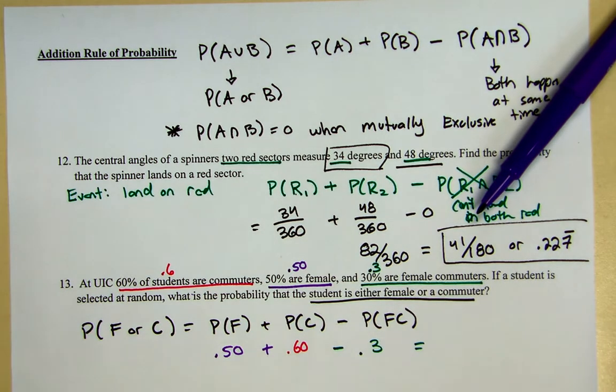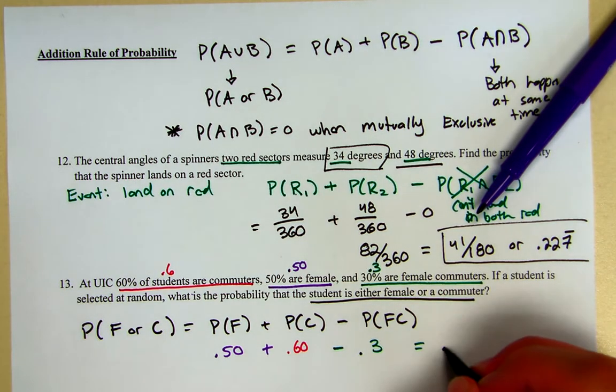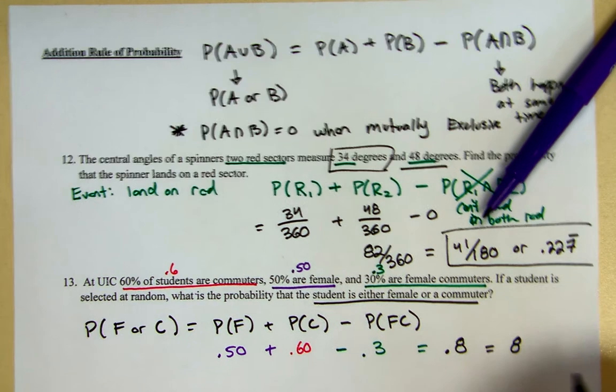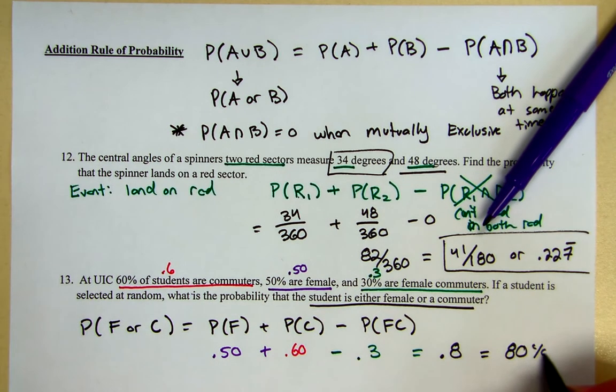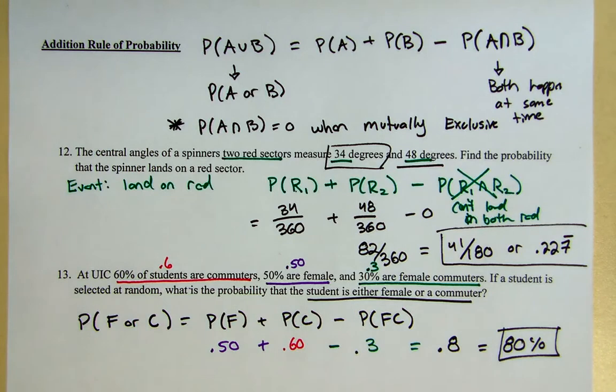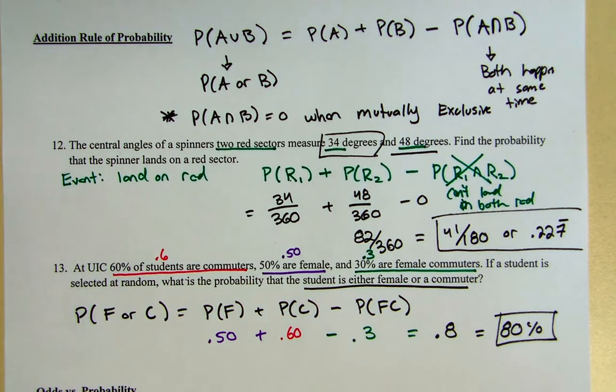And we get a grand total here of 0.8, which equals 80%. So again, that's the addition rule. When events overlap, you have to consider subtracting out that overlap.